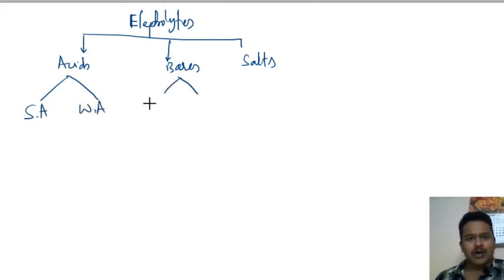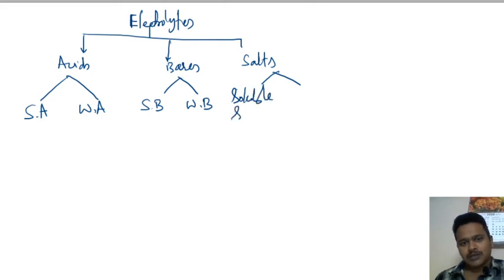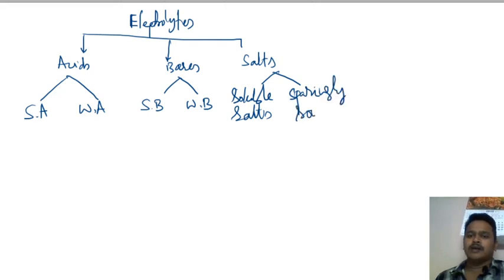Here also two are there: strong bases and weak bases. Here also two are there: soluble salts and sparingly soluble salts. This is the classification.